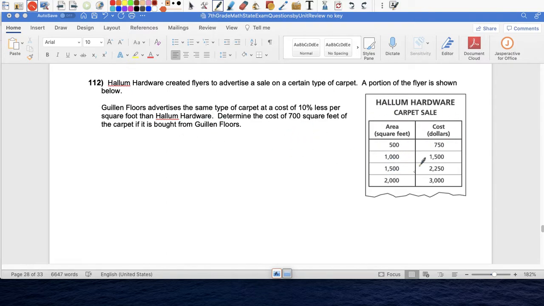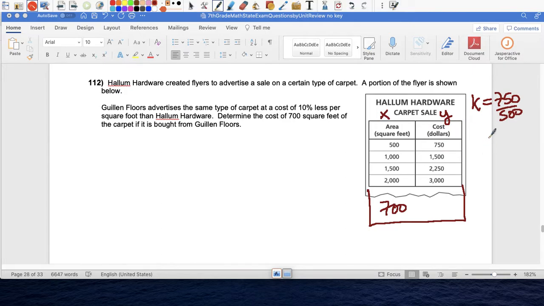So let's find the relationship. The cost, and what do we want to buy? 700 square feet. So how much would 700 square feet cost at this store? Well, this is my Y and this is my X, right? The cost depends on the square footage. So if you did Y over X, you get 750 over 500, and 750 divided by 500 equals $1.50.